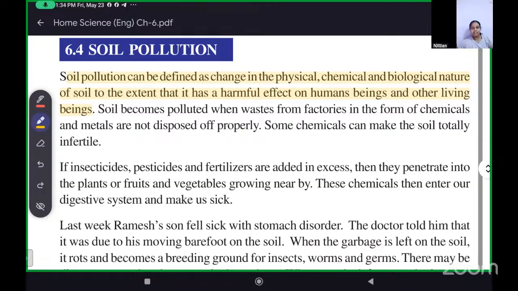The chemical substances go into the plant, and when the fruit or vegetable grows, it goes into it. When we eat it, the chemicals can enter our digestive system and make us sick.